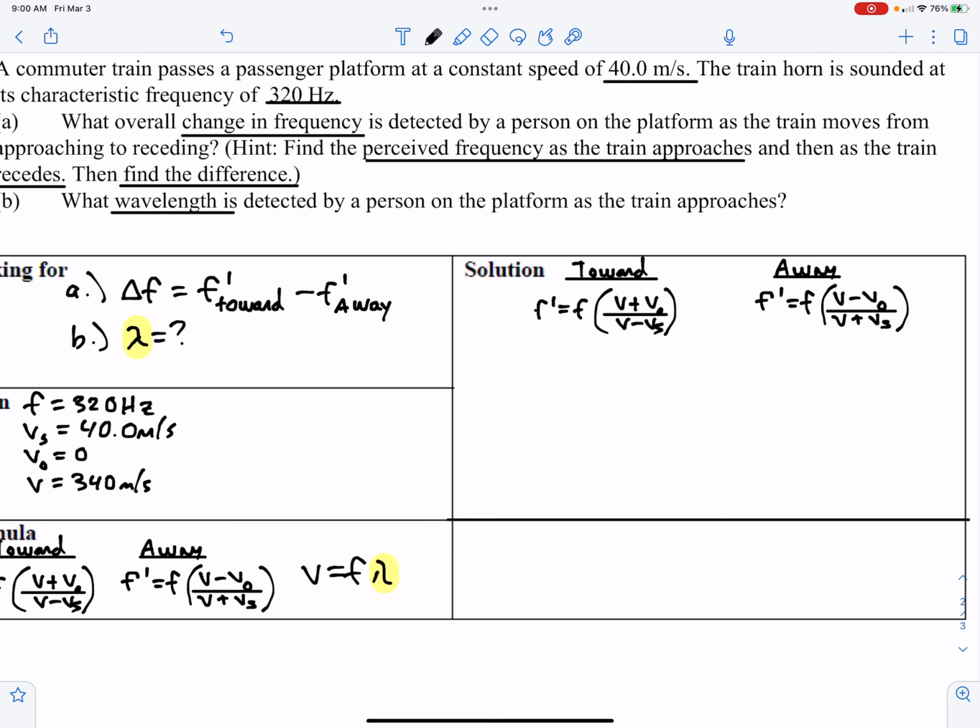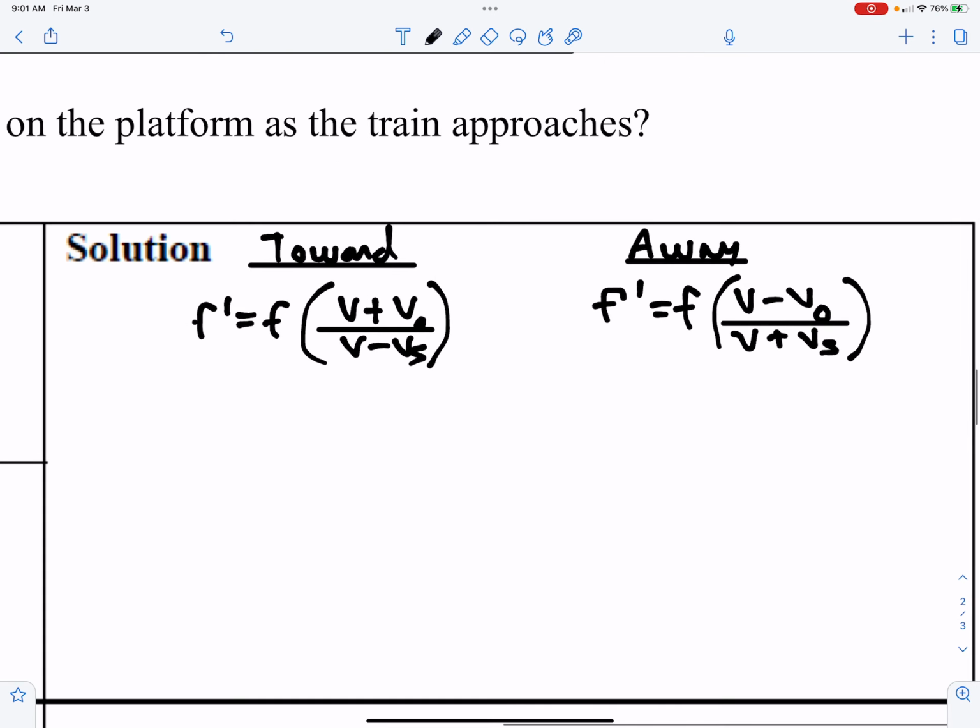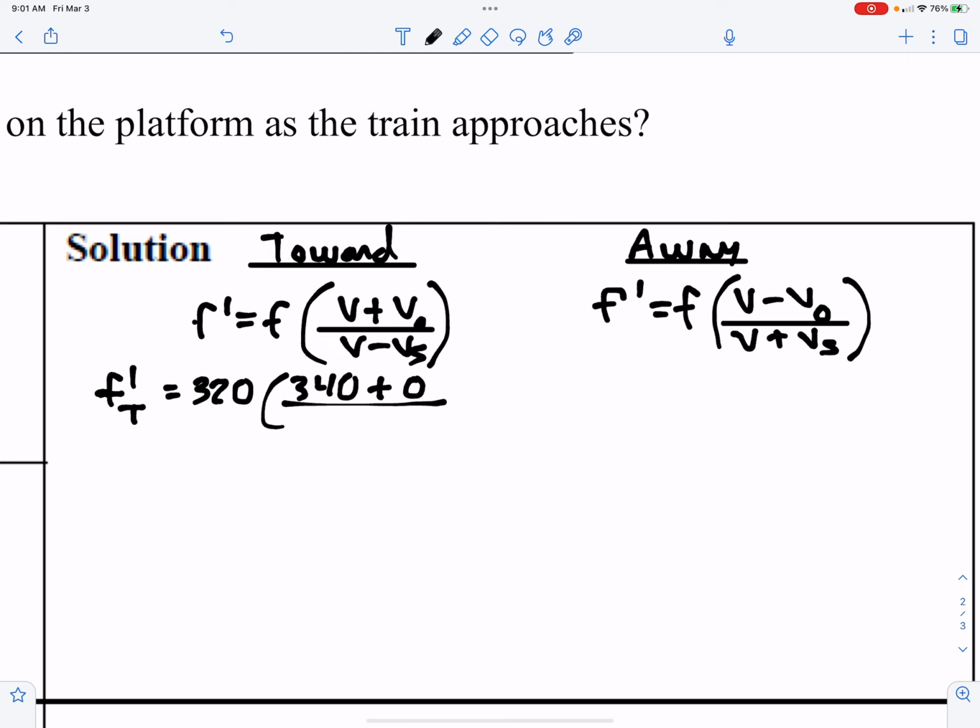Okay, let's go ahead and zoom in. So we have a 320 hertz train whistle. So this is F prime, the observed frequency coming toward you. And it's 320 times 340 plus 0, the observer's at rest, over 340 minus, the train is going at 40 meters per second.